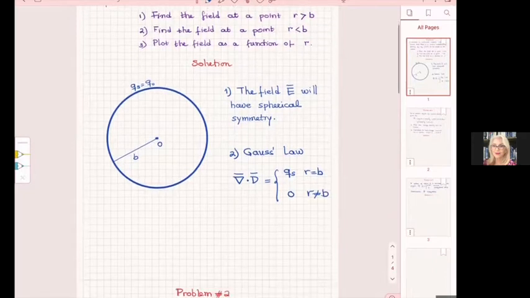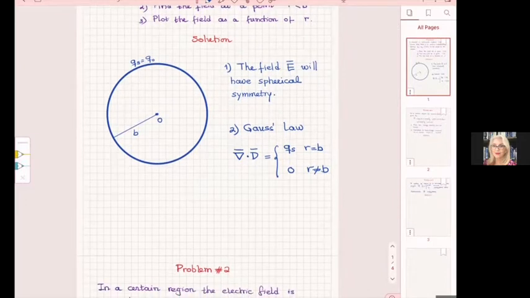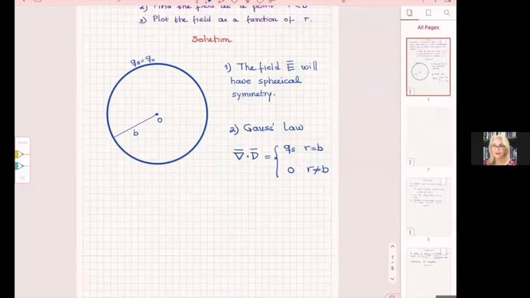Okay, so then I will add pages here. Then what am I going to do? I will have to find a volume, because we know from the divergence theorem that the volume integral of this equals the closed surface integral of D dot dS.